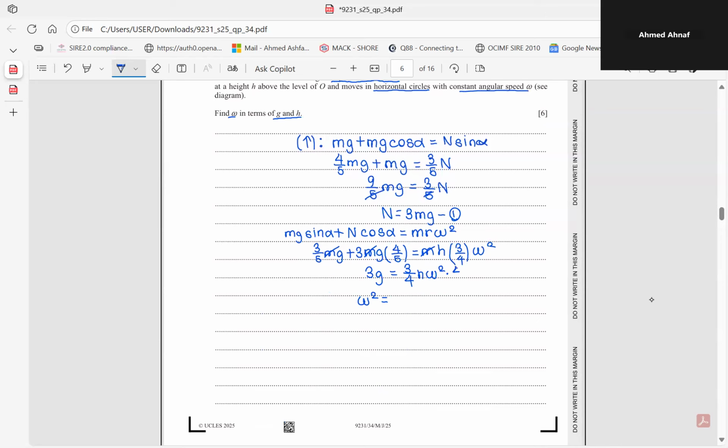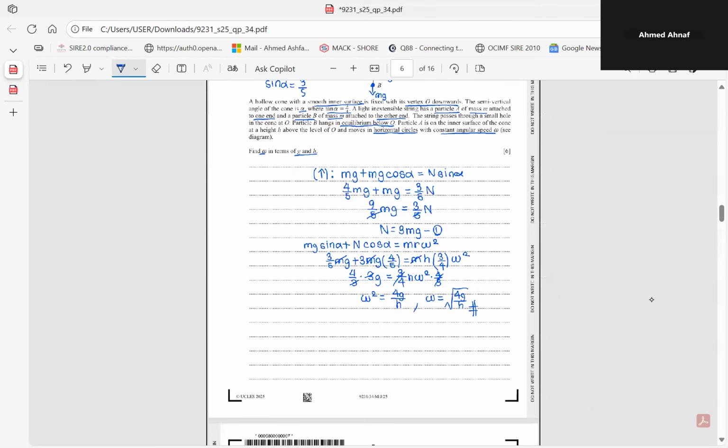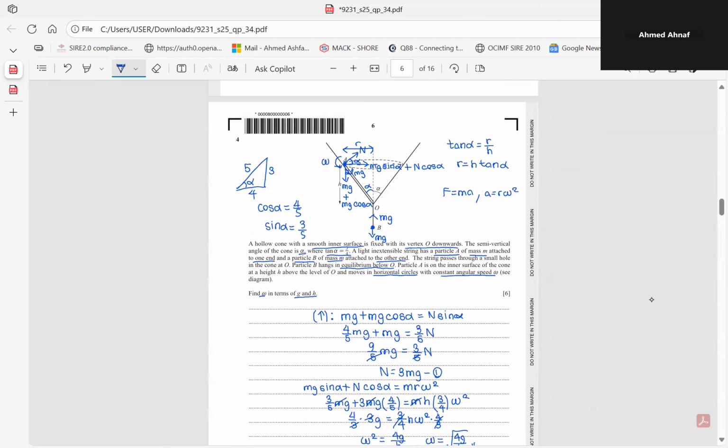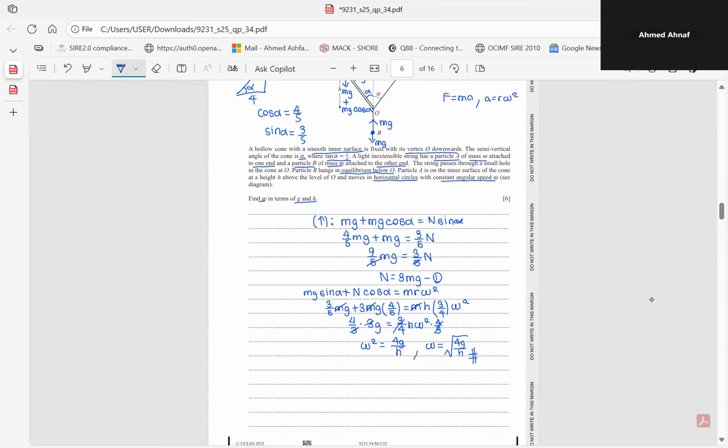Multiply by 4 over 3 on both sides, and you will get 4g. This also cancels, so you just get 4g over h. Hence, omega is just the square root of 4g over h. So this is our final answer for this question: omega equals the square root of 4g over h.